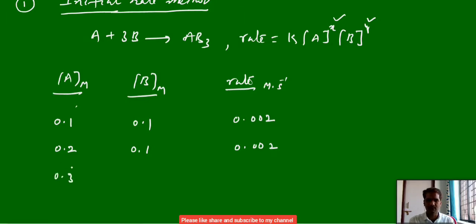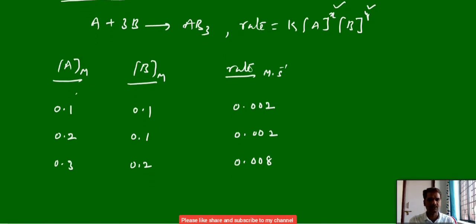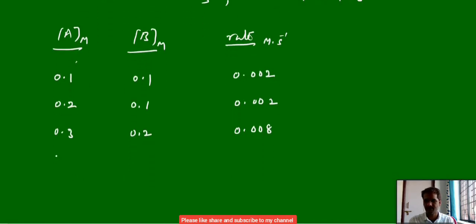When we change the concentration of A to 0.3 and B to 0.2, the rate is 0.008, and for 0.4 and 0.3, you get 0.018. This is the information we have. Now we have to identify the order.